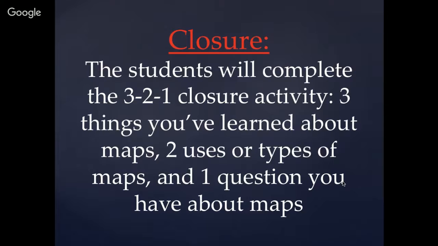It talks about maps like blueprints that people use before they start to build things. So they have a lot of examples to base their knowledge on for the two types and uses. And then also one question that you have about maps. They'll finish that as the closure activity.